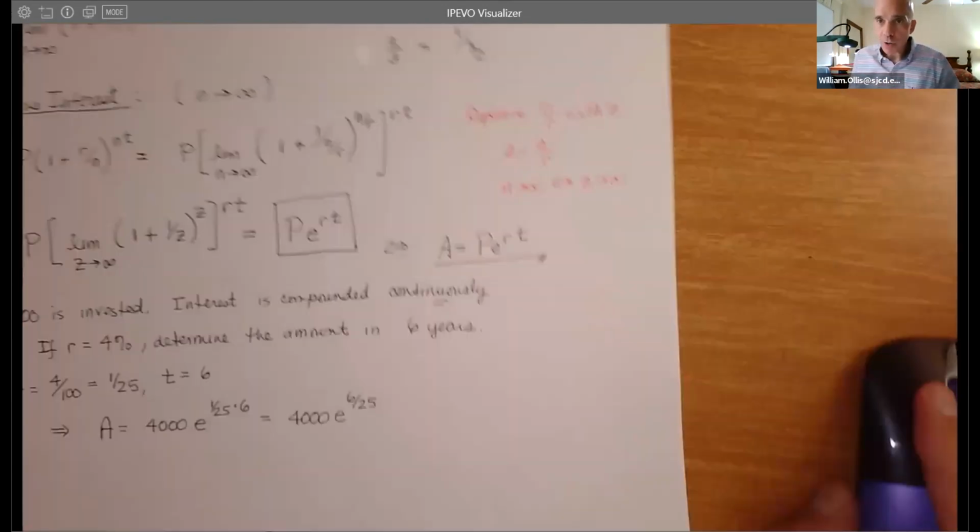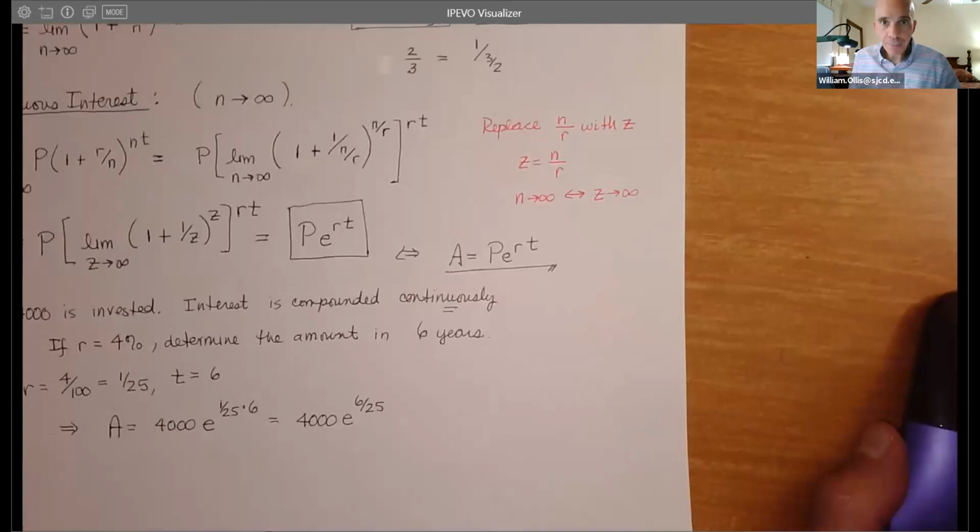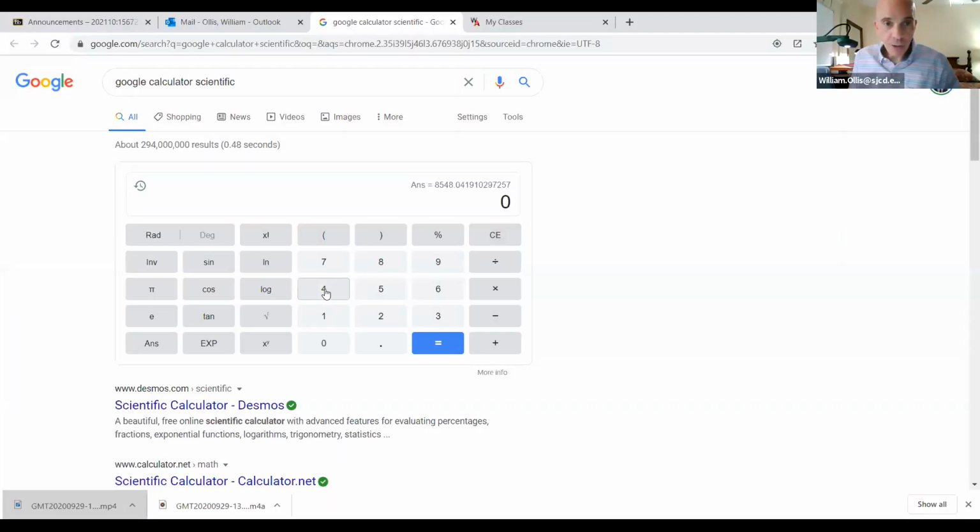So we can go to our Google calculator. We can clear this out from the last problem, and we have 4,000 times, and we can use our base e here. We're spoiled with the Google calculator. Then use our exponent key, and we want 6 over 25. So we have 6, use parentheses, 6 divided by 25, close.